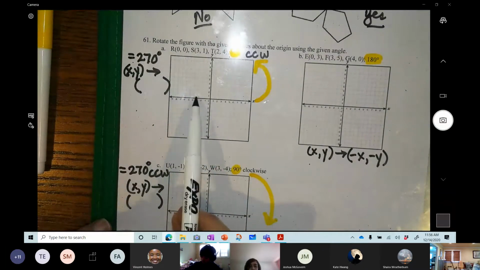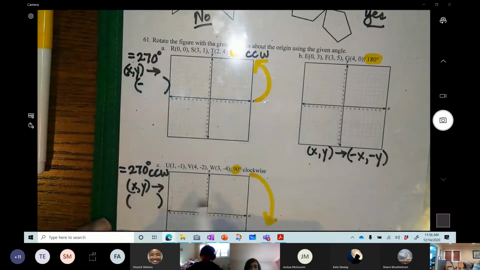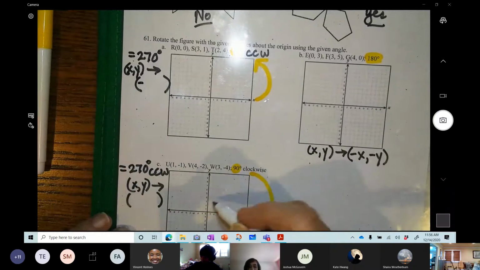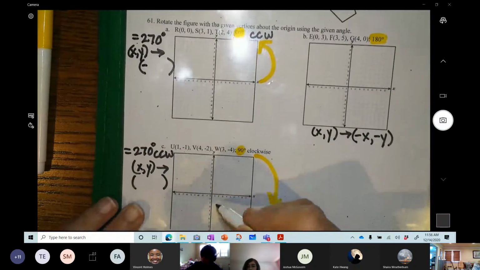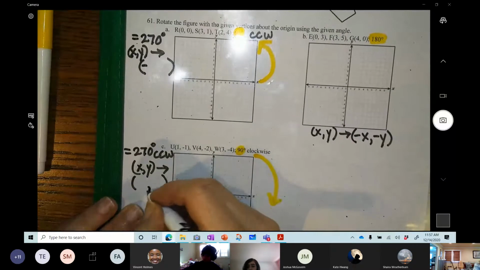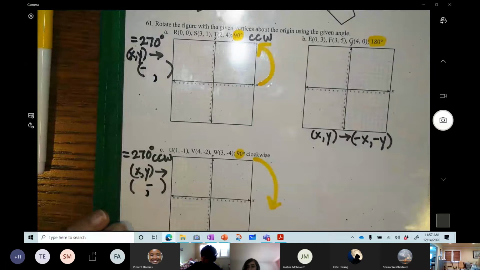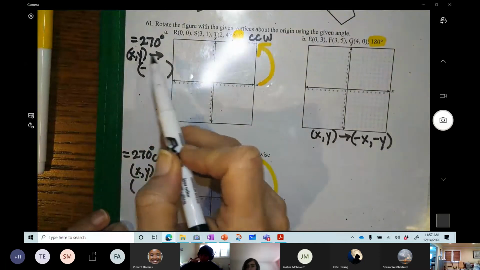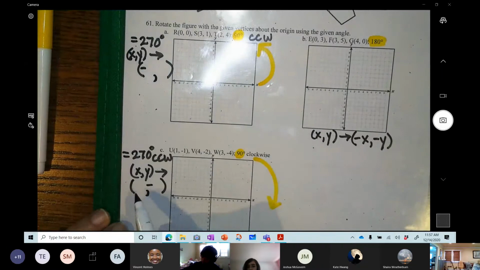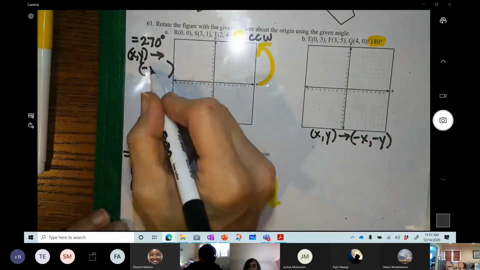It's my first one. My x coordinate will be negative. So the negative goes here. And then for this one, same thing. If I'm here and I go down one quadrant, now my y coordinate is negative. So this one's going to be the negative one. See how I remember those? Your x will be negative and your y will be positive. Your x will be positive and your y will be negative, but you're going to swap your x and your y.